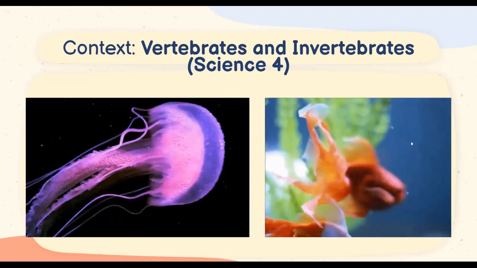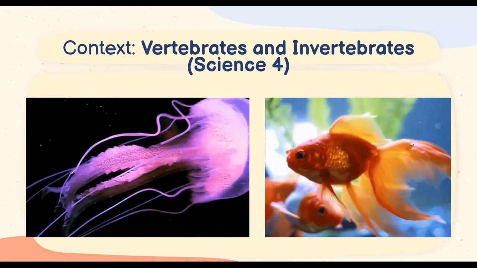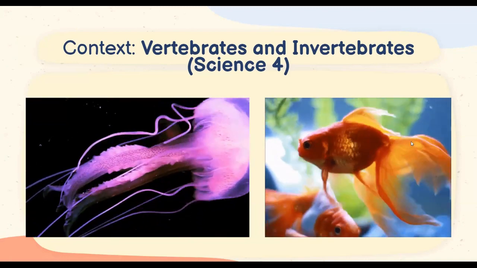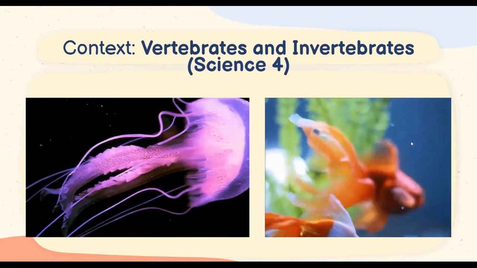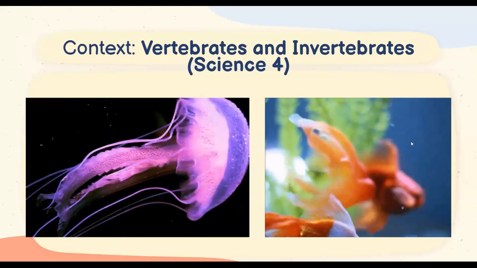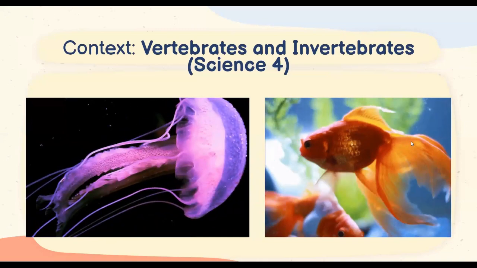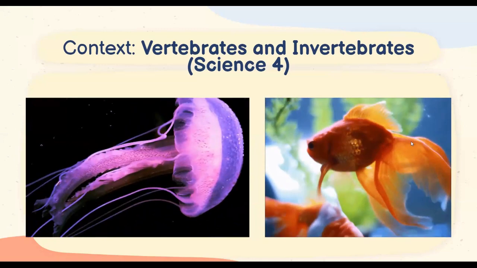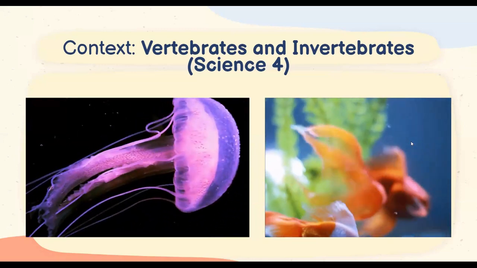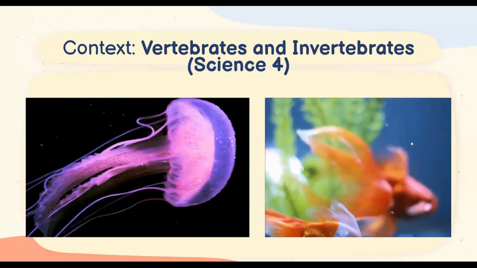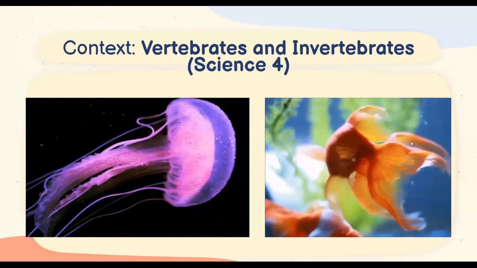Where can you find the organs of vertebrates and invertebrates? If invertebrates have no bones, then where can you find their organs? And if vertebrates have bones, then where can you find their organs? And what is the oxygen intake of a vertebrate and invertebrate? If they have already been introduced, and if they already know what an invertebrate and vertebrate is.